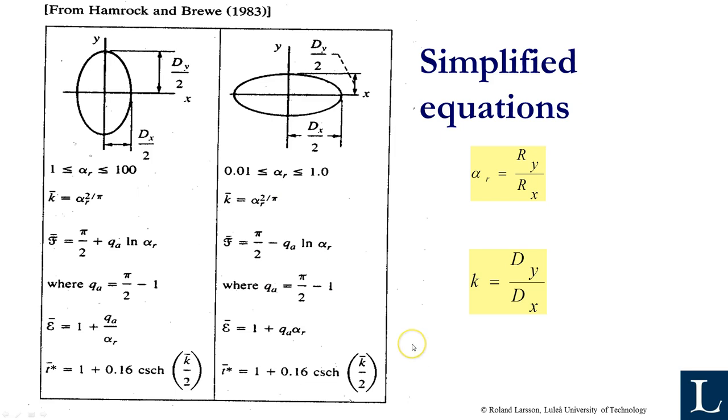From this approximate Hamrock and Brewe, they've made some approximations of the epsilon and k functions, and the epsilon can be found from this table, where the alpha r here is only the ratio between the Ry and Rx, and the k is the alpha r with the power 2 over pi.